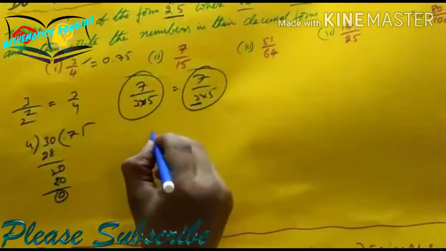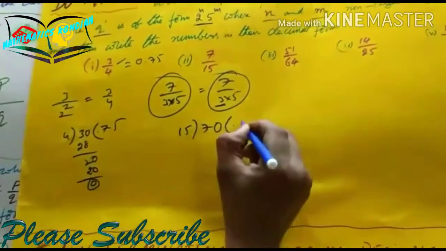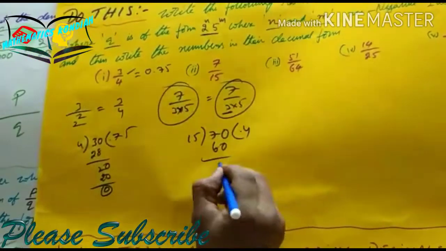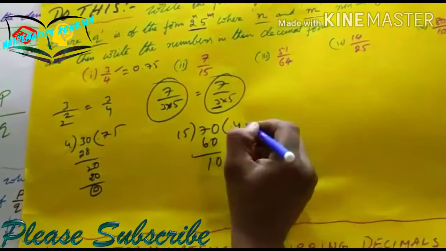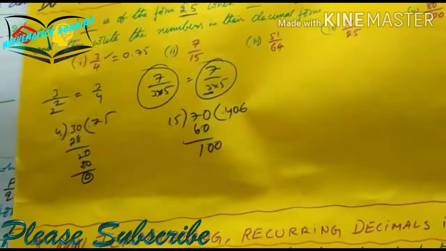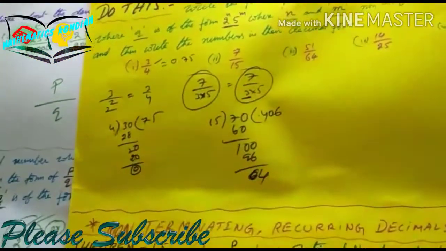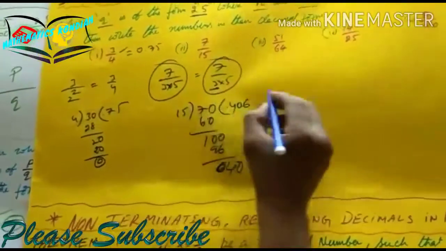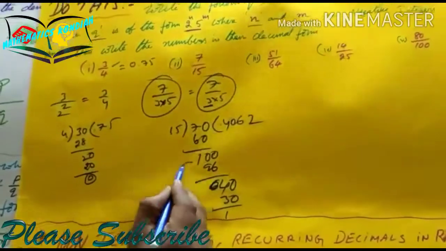For example, see: 70, 5 4s, 15 4s, 60, 10. 15 6s are 90. 40, 15 2s are 30, 10 is already there.